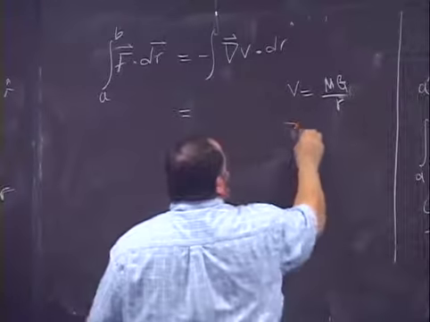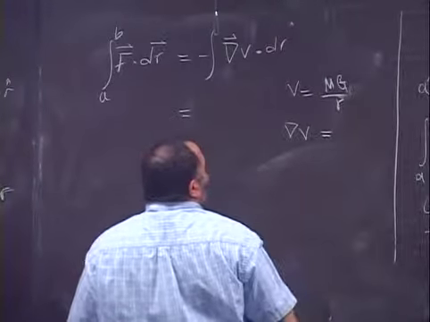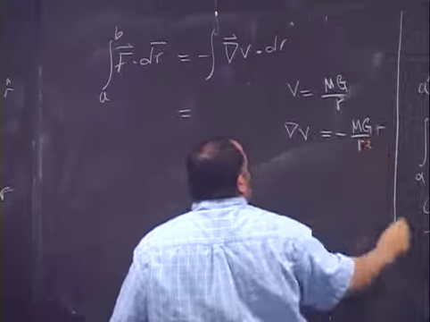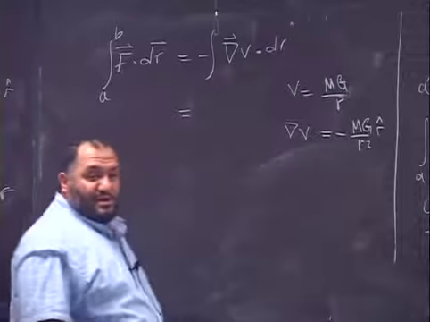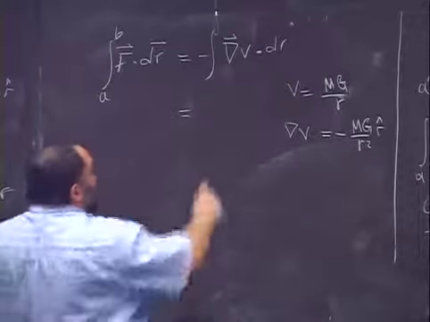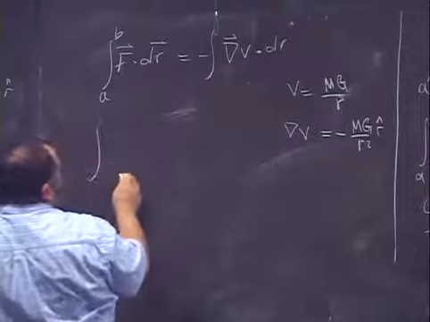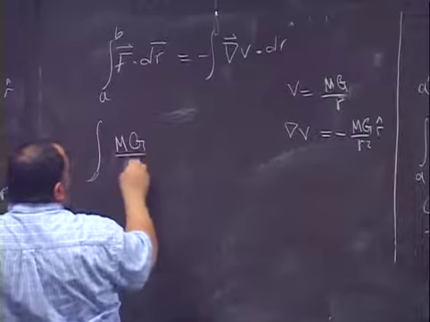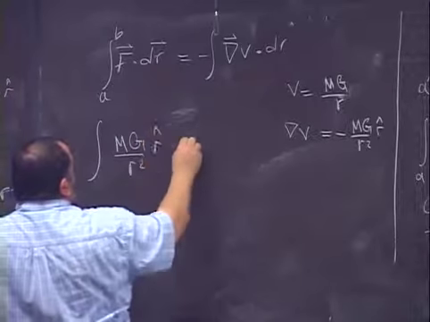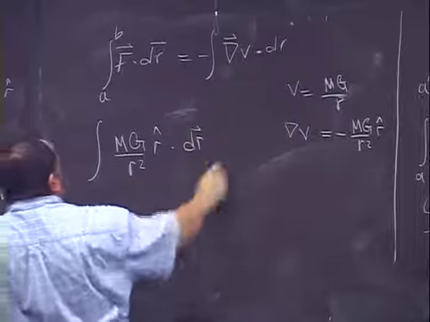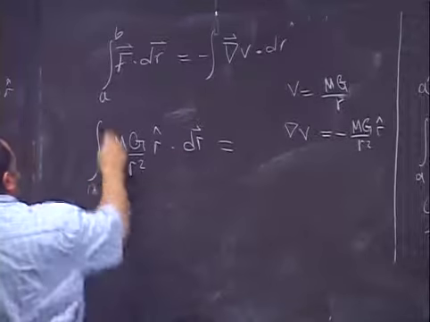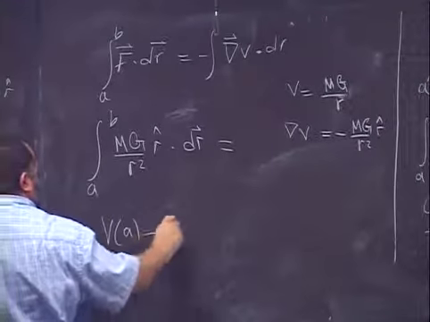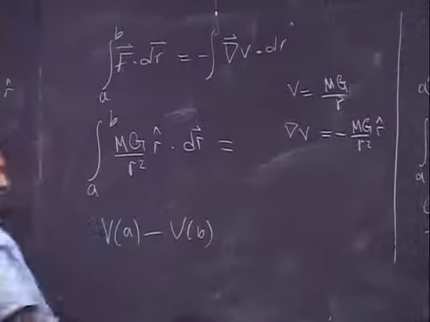What's grad V? Negative mg over r square multiplied by r in the direction of r. Yes? So if you just dot those two, this will give you mg over r square in the direction of r dotted with dr. If you do this between A and B, you will notice that this is just the potential at A minus the potential at B. So, and this is very obvious.